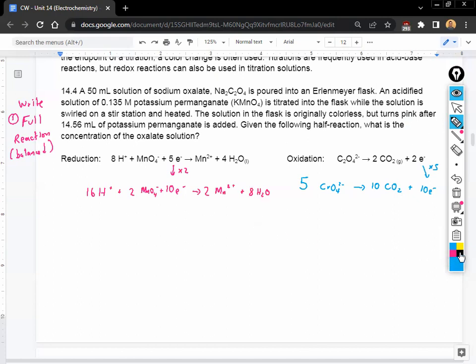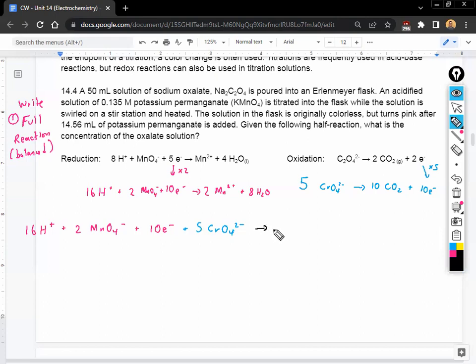Okay, so if we combine these 2 half reactions, we're just going to copy down what's on the left side, put them together, copy down what's on the right side, put them together. So if we combine them, we'll get a very, very long reaction. 16H plus, 2 permanganates, plus 10 electrons, plus 5 chromates.